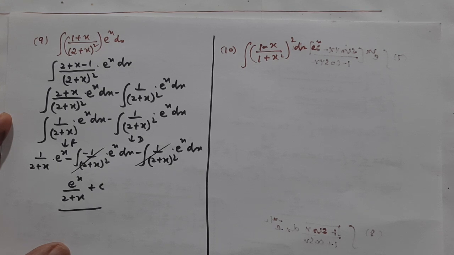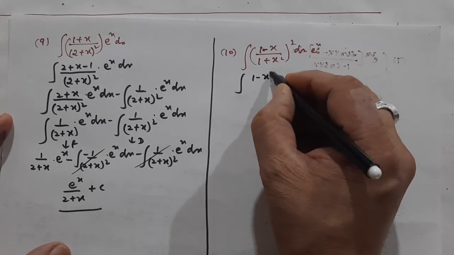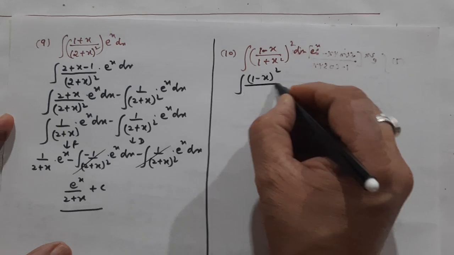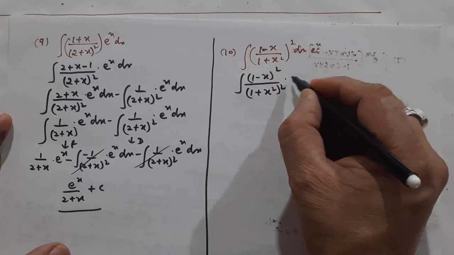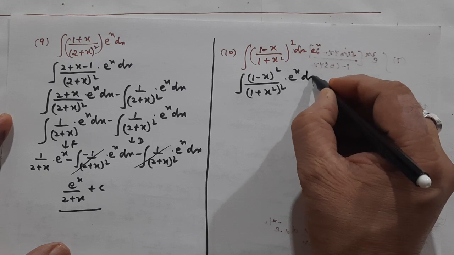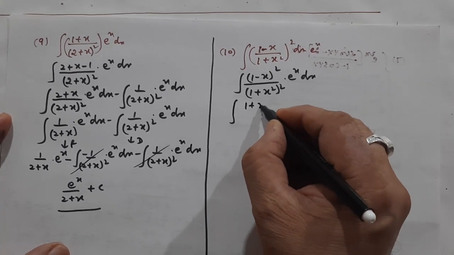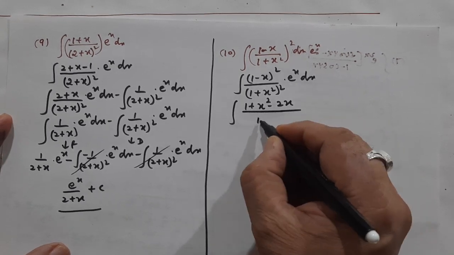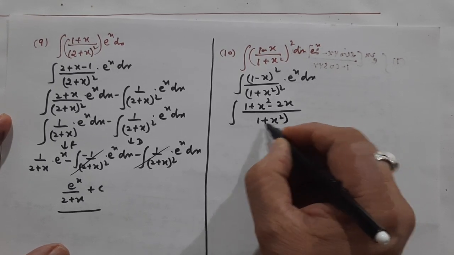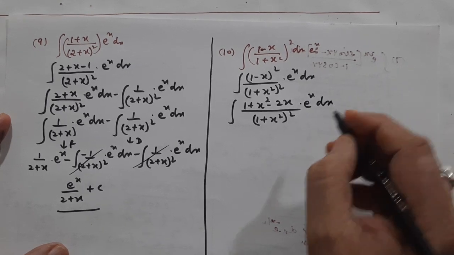First of all we can write it like this: 1 minus x whole square upon 1 plus x square whole square e power x dx. So what we get is 1 plus x square minus 2x upon 1 plus x square whole square e power x dx.